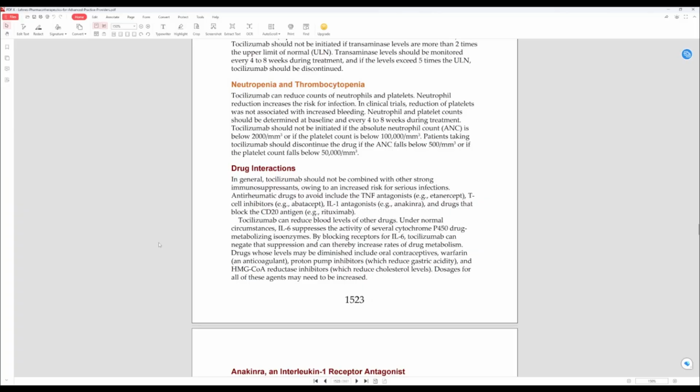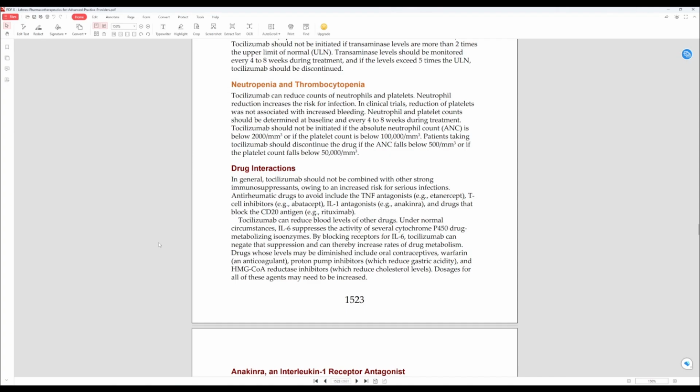Neutropenia and thrombocytopenia. Tocilizumab can reduce counts of neutrophils and platelets. Neutrophil reduction increases the risk for infection. In clinical trials, the reduction of platelets was not associated with increased bleeding. Neutrophil and platelet counts should be determined at baseline and every 4 to 8 weeks during treatment.